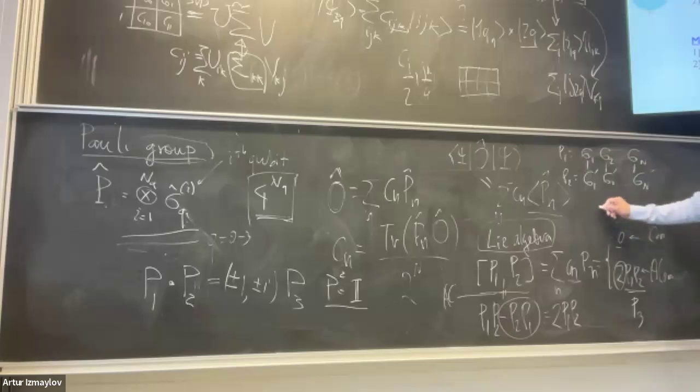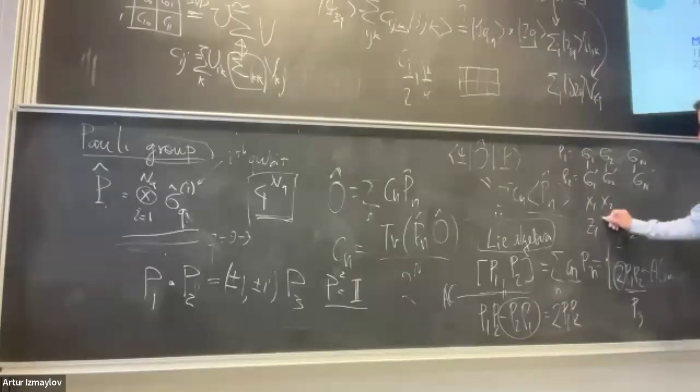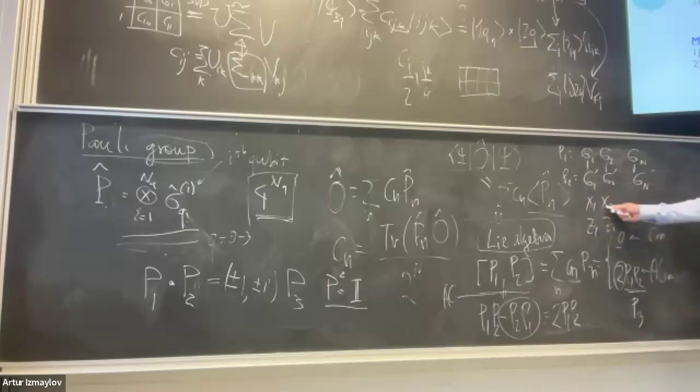Let's say, for the sake of example, you have X1, X2 in one Pauli, and Z1, Z2 in another Pauli. These don't commute and these don't commute, so you have two non-commutativities. That means that in total they will commute. As long as the number of non-commutativities is even, 0 or 2, 4, and so on, they will commute.